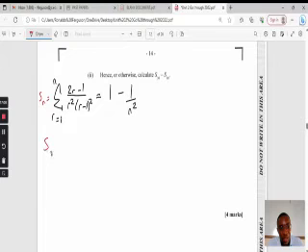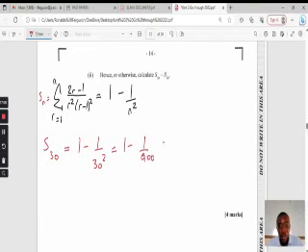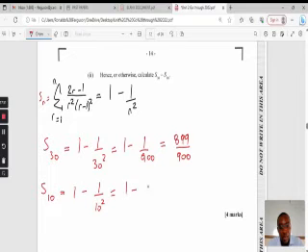So S30 is just equal to 1 minus 1 over 30 squared. And that's 1 minus 1 over 900, which is 899 over 900. And then S10 is going to be 1 minus 1 over 10 squared, which is 1 minus 1 over 100, which is 99 over 100.